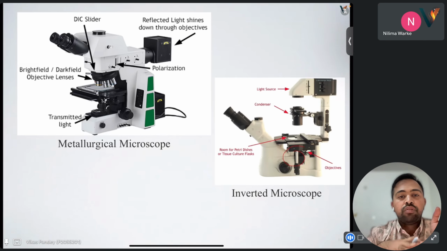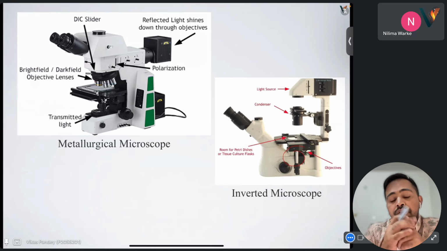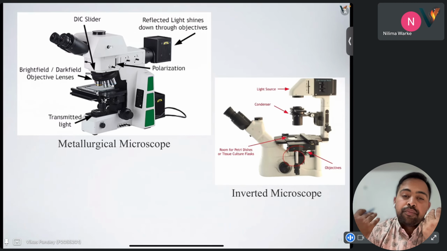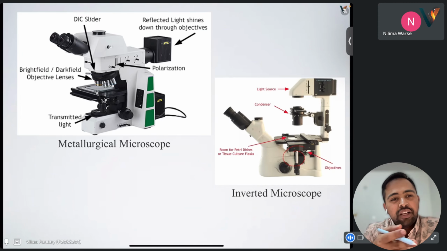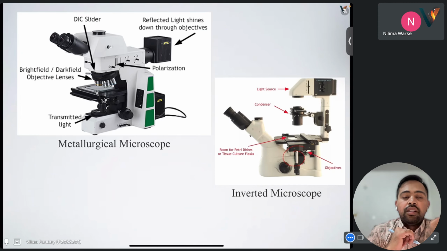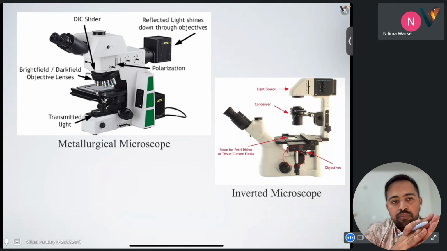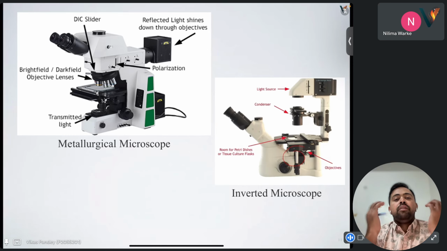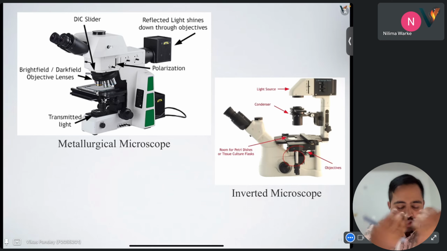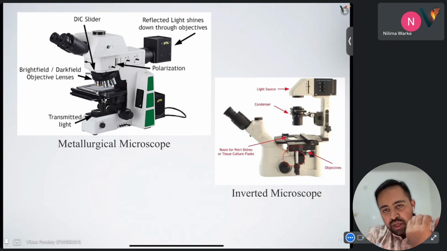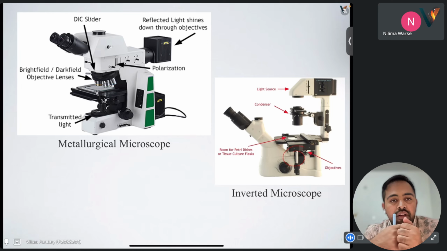Now, if you see the metallurgical microscope, there is one difference that makes it a bit sophisticated as well as a bit costlier. In all other microscopes, we use a light source that may be around the objective, below the sample or anywhere.